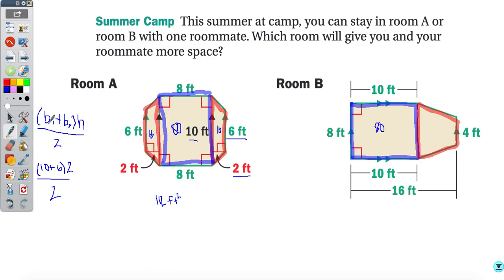And again, using the base 1 plus base 2 times height divided by 2. My first base is going to be 8 feet. My second base is going to be 4 feet.